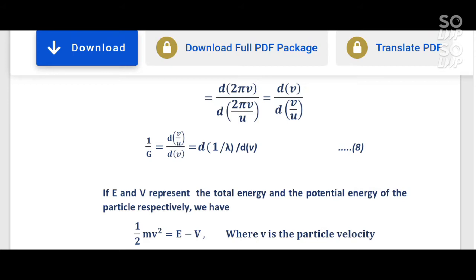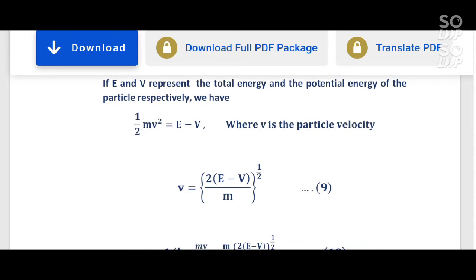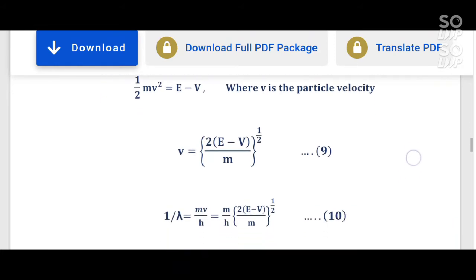If E and capital V represent the total energy and the total potential energy of the particle respectively, we have half of mv square is equal to capital E minus capital V, where small v is the particle velocity. So small v is equal to [2(E minus V) by m] to the power 1 by 2.